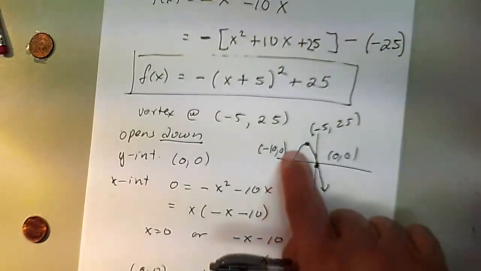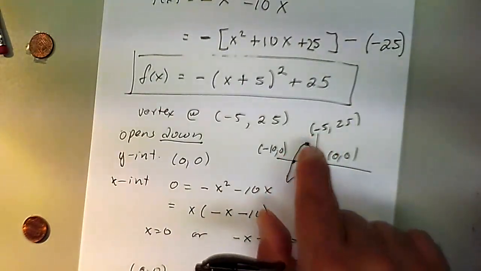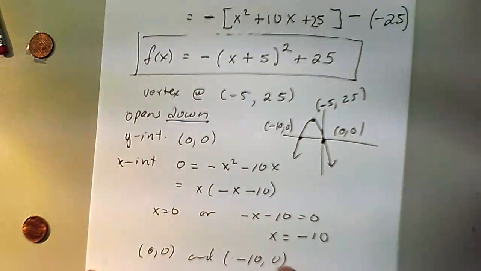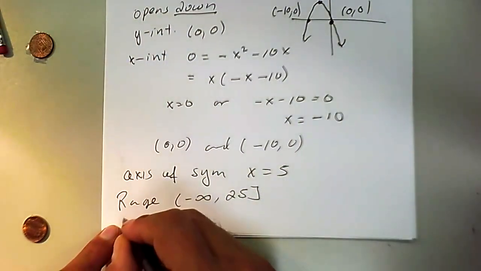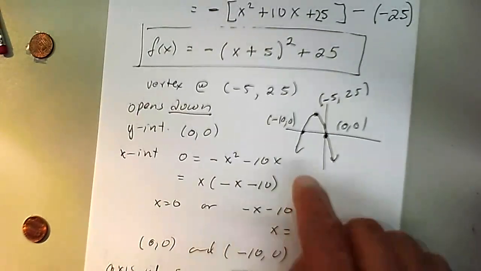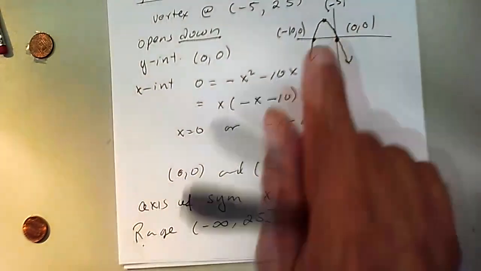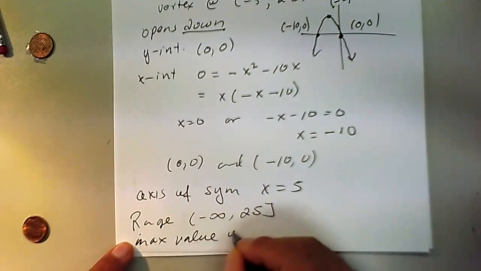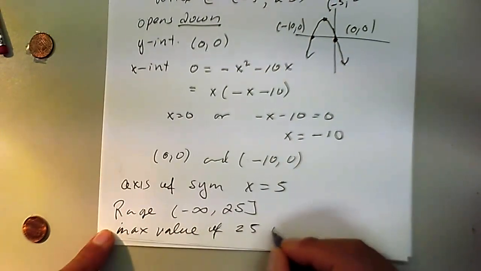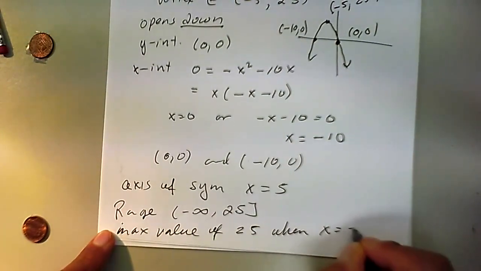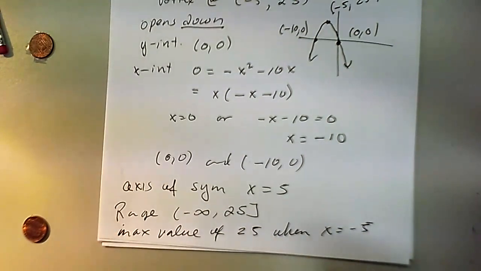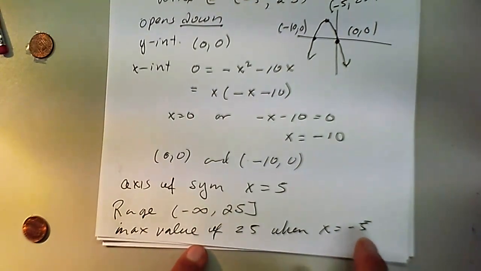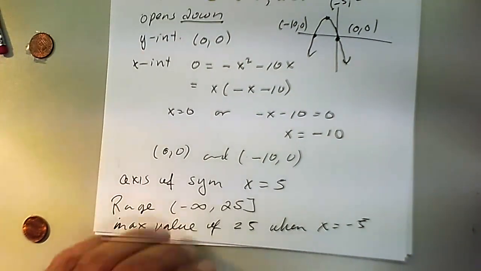And also this graph has a maximum point, a local maximum, which is going to be negative 5, 25. It's also a global maximum. But anyway, we have a maximum value of 25 when x equals negative 5, or a maximum at negative 5 comma 25.